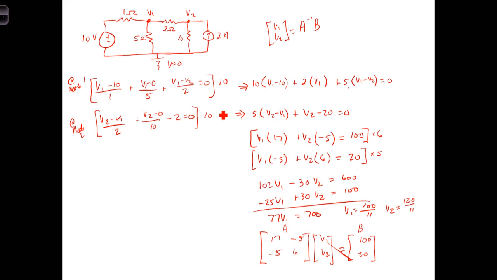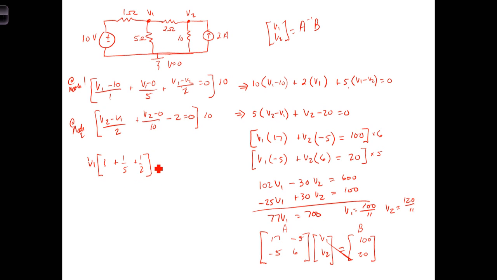Let's look at this first equation and combine the V1 terms. I'm going to factor out the V1. Here I've got V1 over 1, which when I factor out V1, I've got 1. Plus here I have V1 over 5, I factor out the V1, I've got a 1/5. And here I have V1 over 2, which when I factor out the V1, I'm left with a plus 1/2.